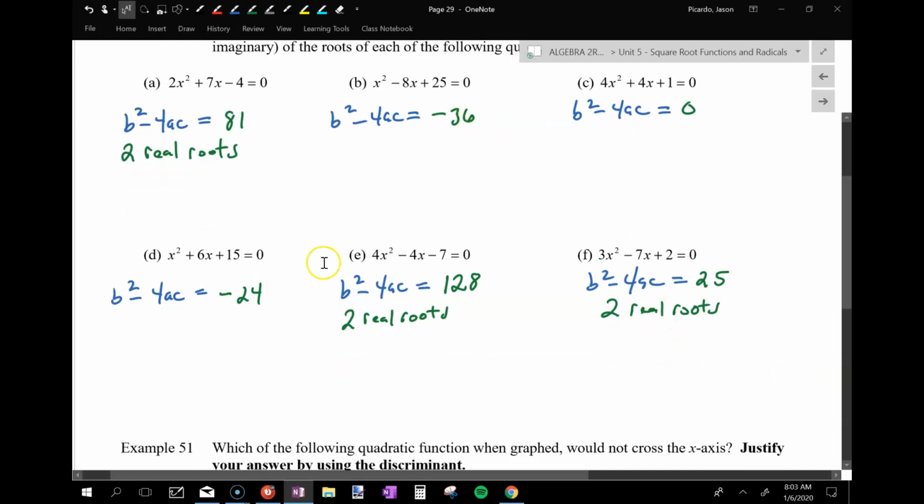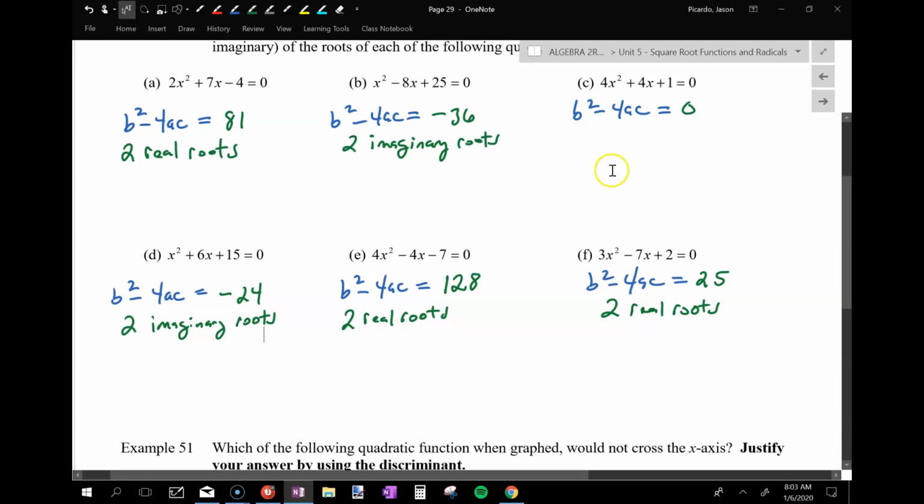Guys, if my discriminant is negative, what do I know? Guaranteed, my roots are imaginary. So I have no real roots, but I have 2 imaginary roots.